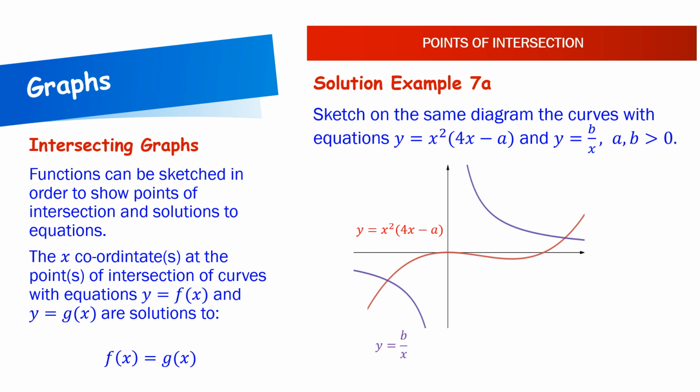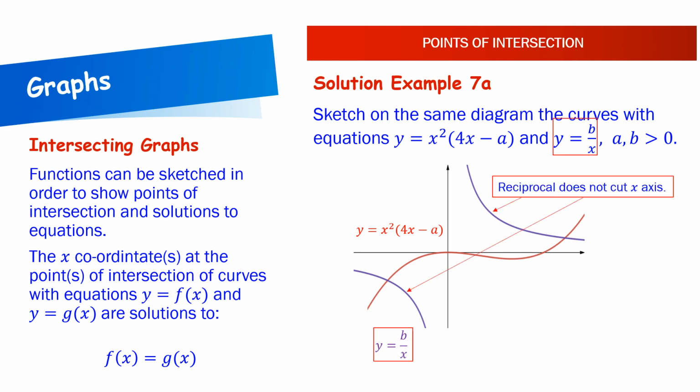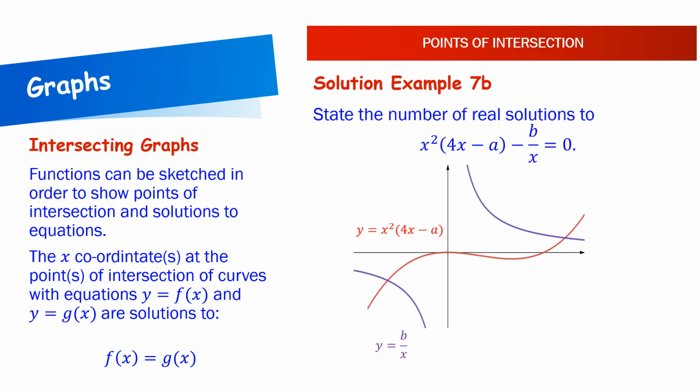And here we have y equals b over x. And notice the reciprocal does not cut the x-axis. So let's find the number of real solutions to x squared times 4x minus a minus b over x equals 0.